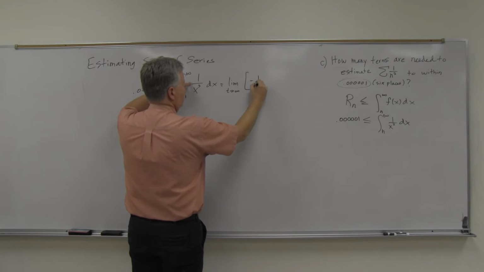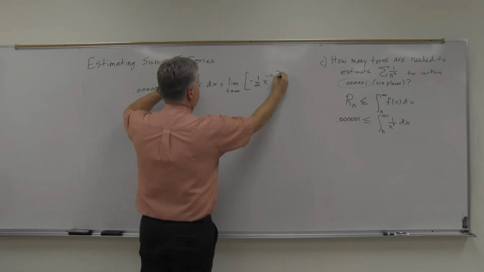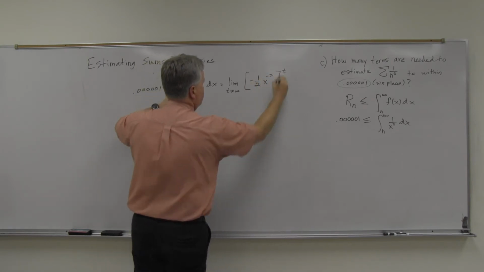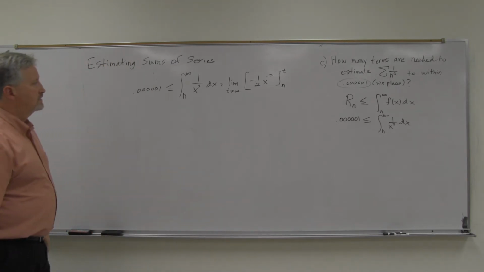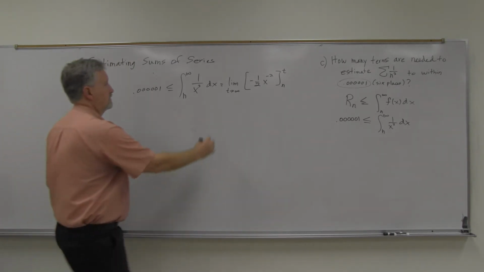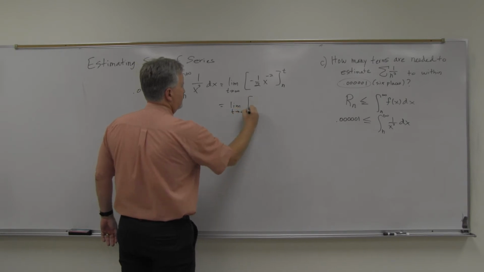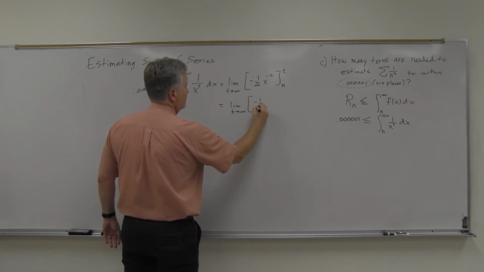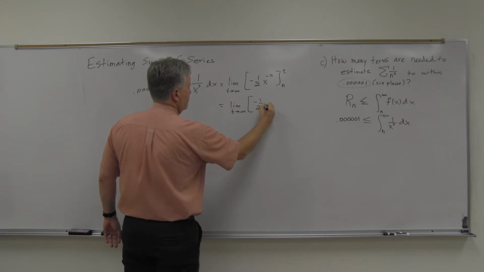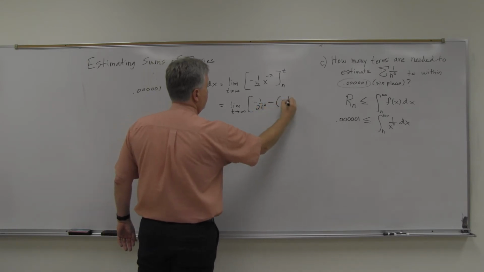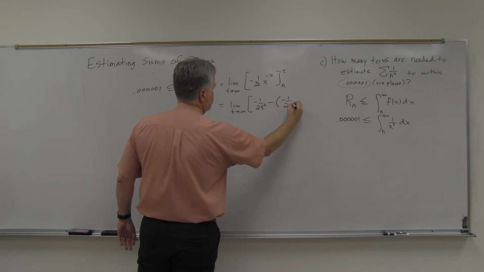Still be minus 1/2 x to the negative 2 and run n to t. So that's the limit as t goes to infinity of negative 1 over 2t squared minus a negative 1 over 2n squared, right?